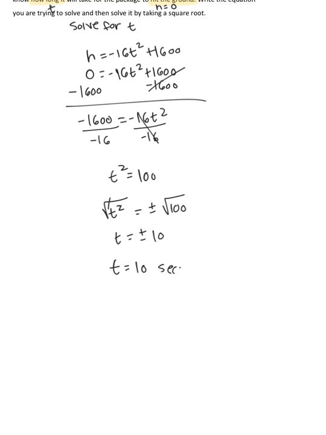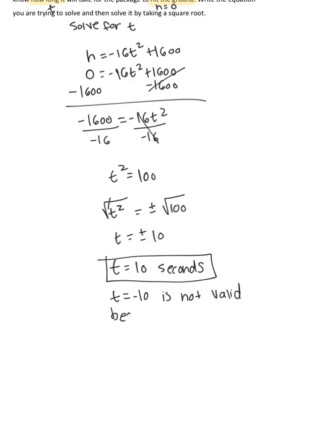So t is equal to 10 seconds. I'm just going to make a little note, just so if you look back at it, you know why we threw out the negative version of the answer.